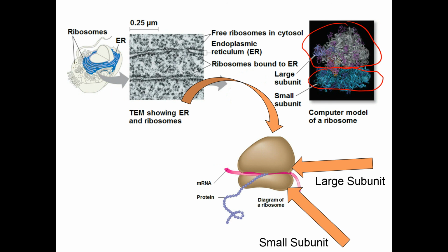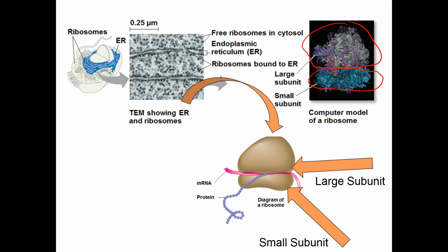Other components make sure that that part of the transcript encodes for this amino acid. So that amino acid gets laid down, and then the next one, and the next one, until you get a chain of amino acids that make up your protein.